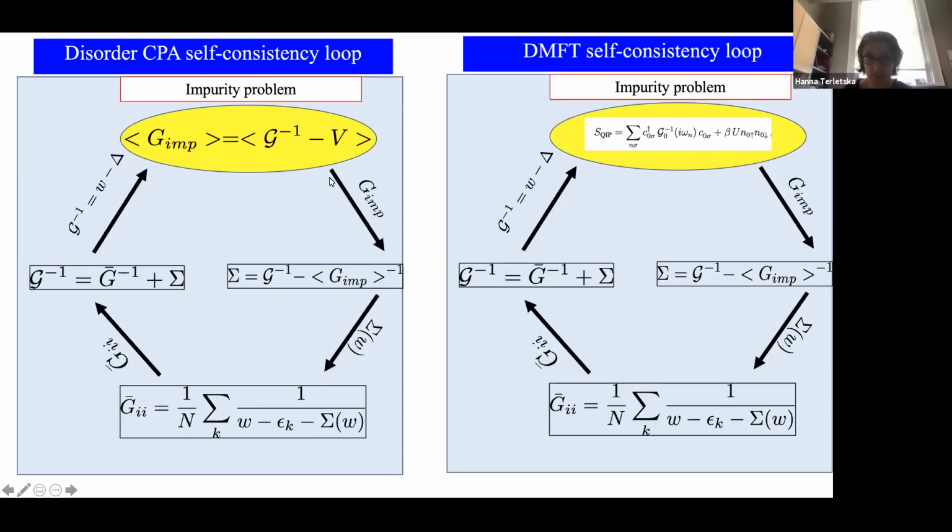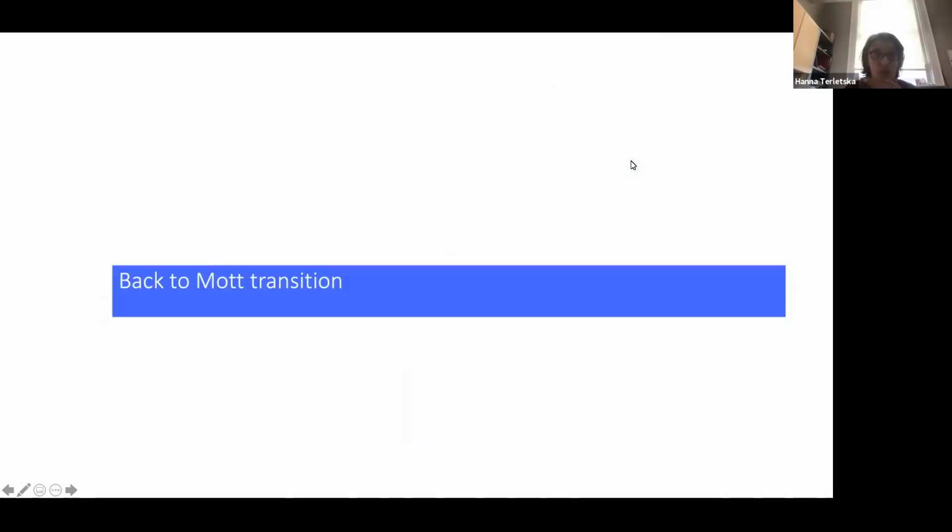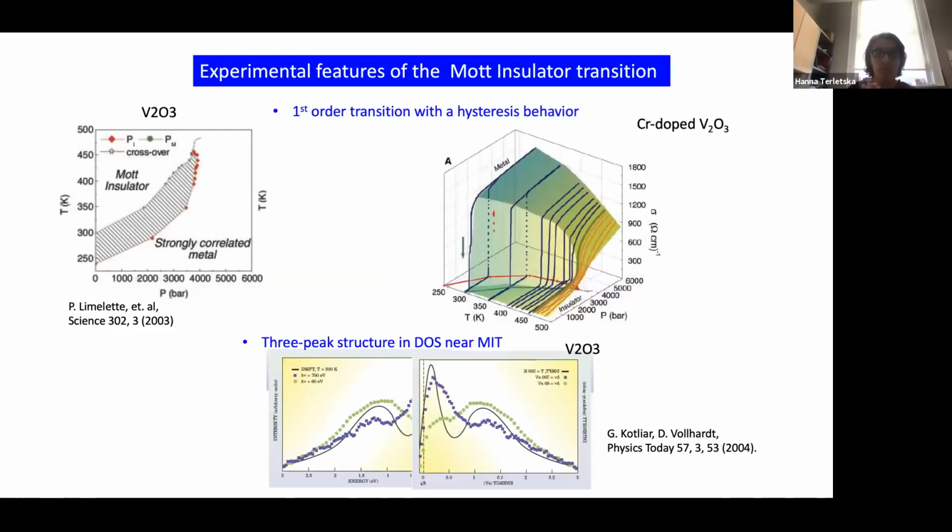The only difference is that you're solving a different impurity problem. The rest of the self-consistency condition and the iteration equations in the numerical iteration loop are the same. Okay, so now let's go back to the Mott transition and see how DMFT can be used to solve this.